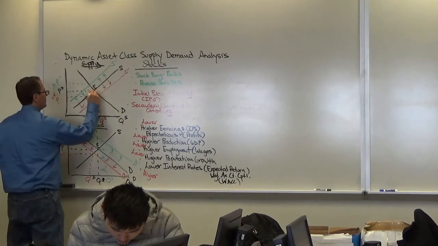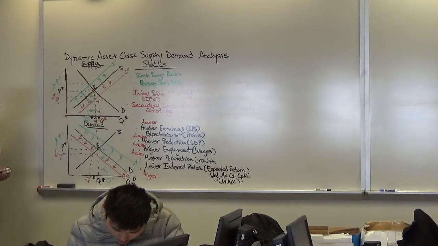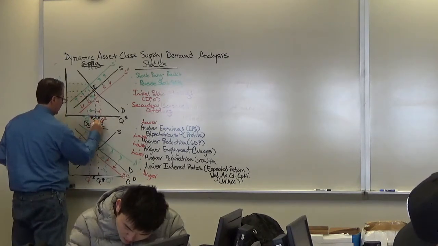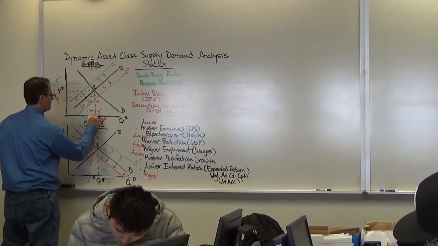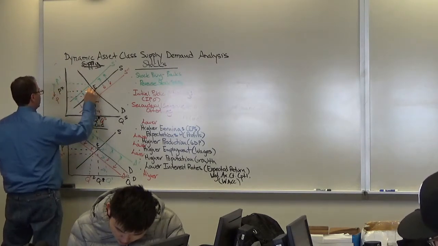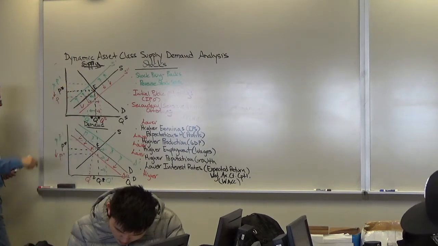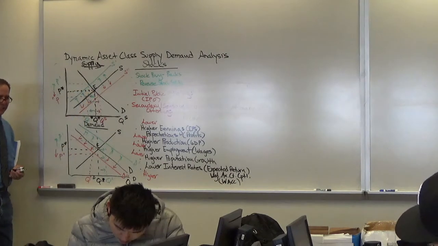Then what I would do is put in the E right there, because that's your equilibrium point. Right here is going to be Q star for supply. This one over here is going to be P star. So that's the price when supply and demand are in equilibrium.